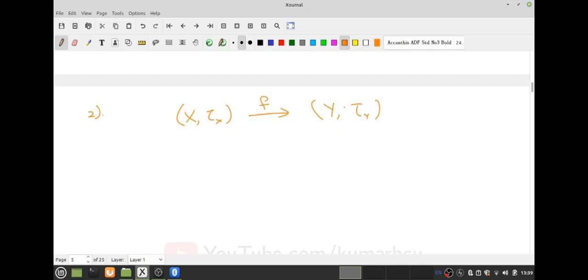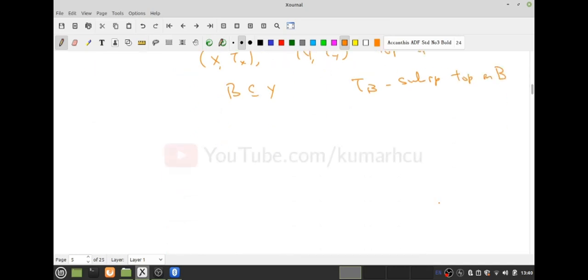These are topological spaces, and let B be a subset of Y, and let tau B be the subspace topology on B. Right, so this is the picture I have.